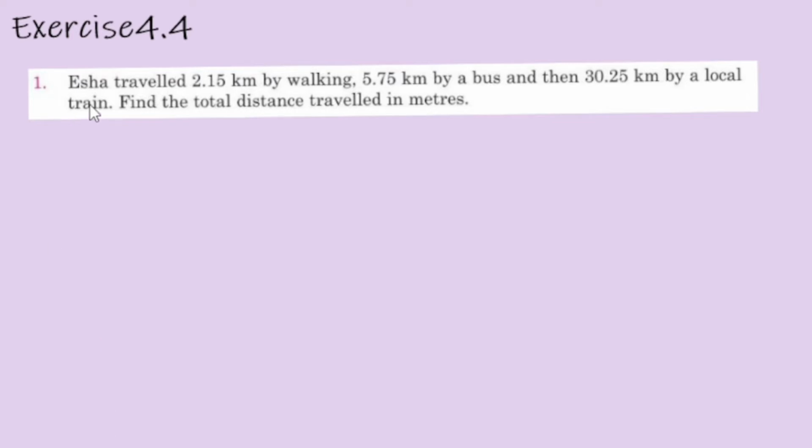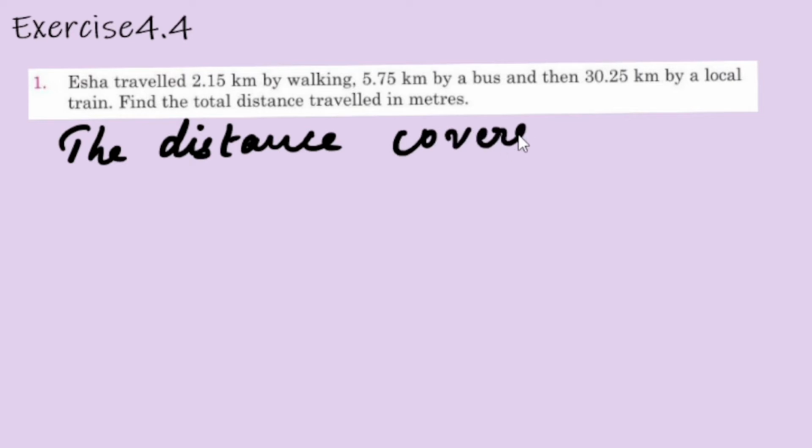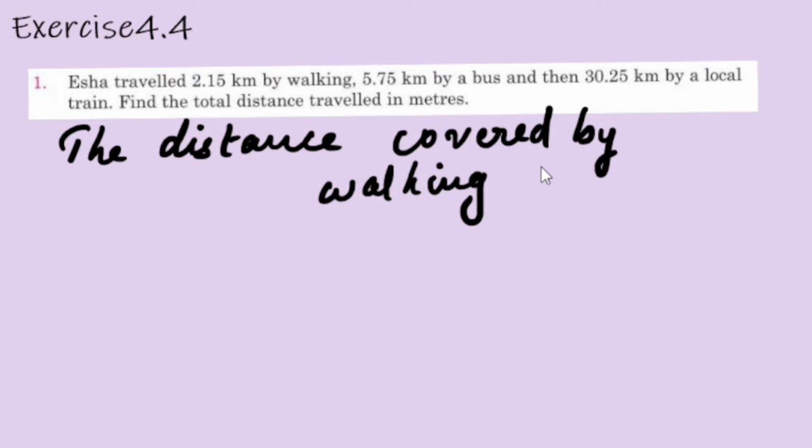Okay, so what will be the first statement that we can write? The distance covered by walking is given as 2.15 kilometer. Now the second statement, how we can write? The distance covered by bus.